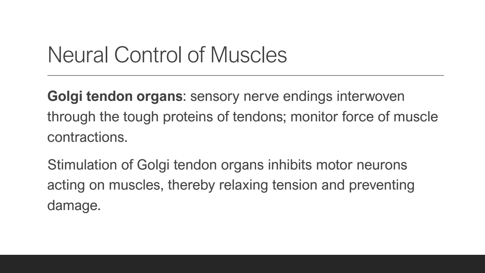So basically, stimulating the Golgi tendon organs inhibits the motor neurons that are acting on those muscles. This will relax the tension and prevent us from contracting so much that we damage our muscles.